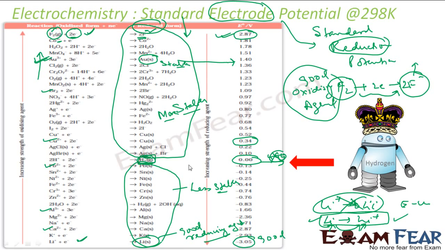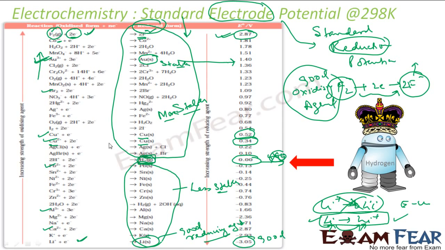So reducing agent capability increases on the product side. On the reactant side, the moment you go up, the oxidizing agent capacity increases. And please note here, copper 2 plus to copper is a different value. Copper 1 plus to copper is a different value, right?